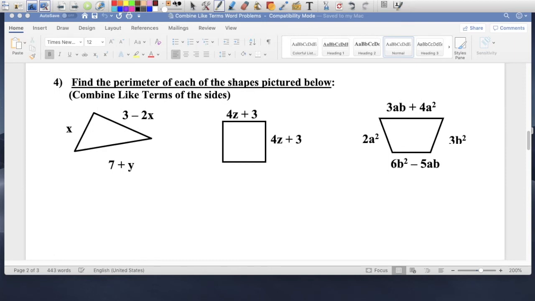It's pretty easy to find the perimeter now, so just understand what perimeter means. We have to add all 3 sides, right? This plus this plus this. Likewise here, so let's do the first one. It's x plus 3 minus 2x plus that side plus 7 plus y. Then remove the parentheses.